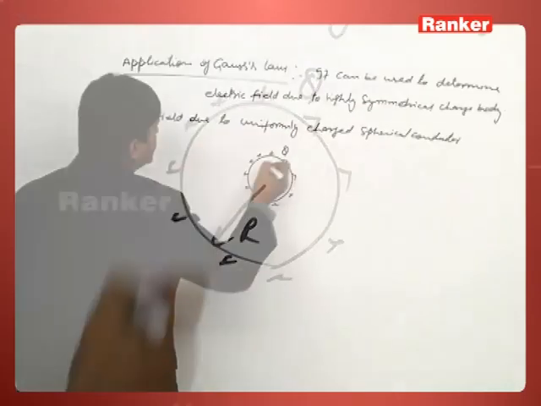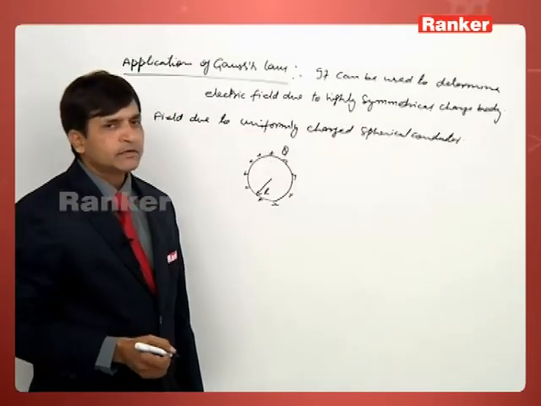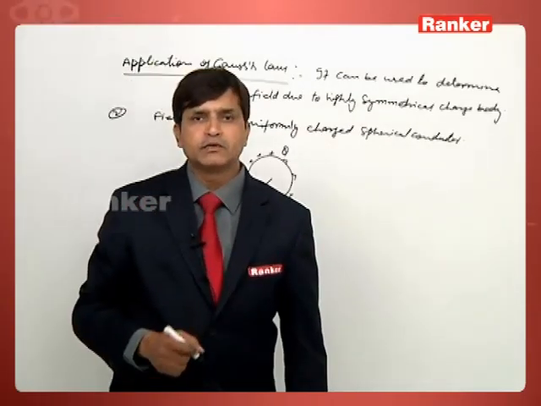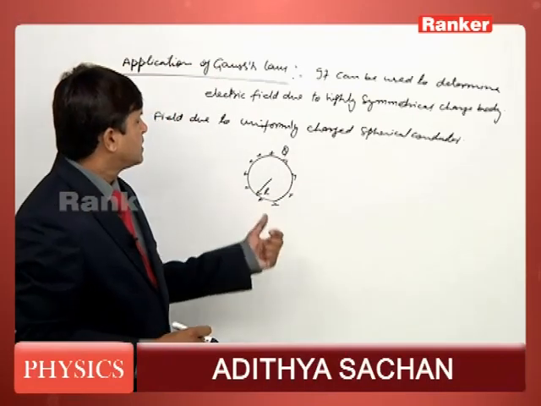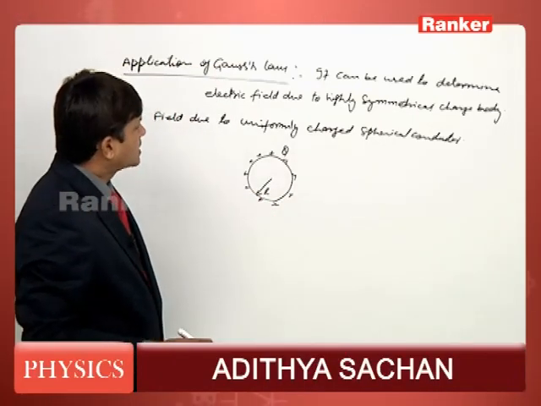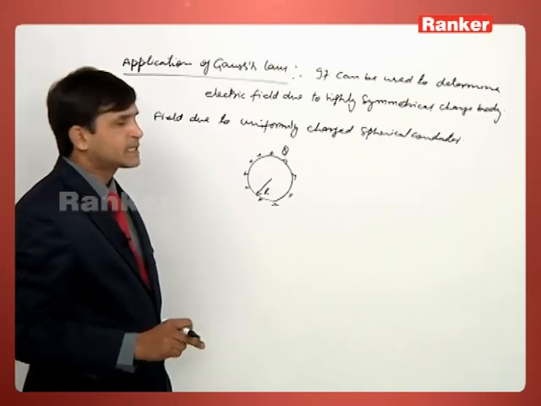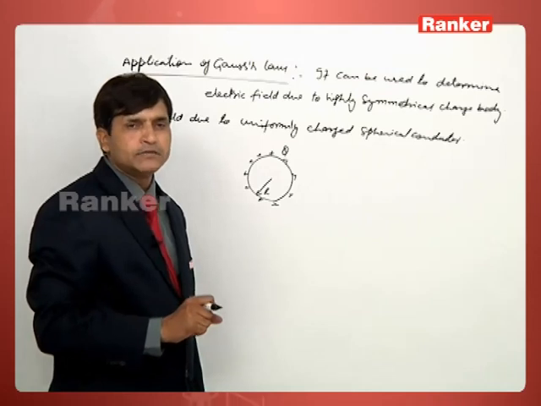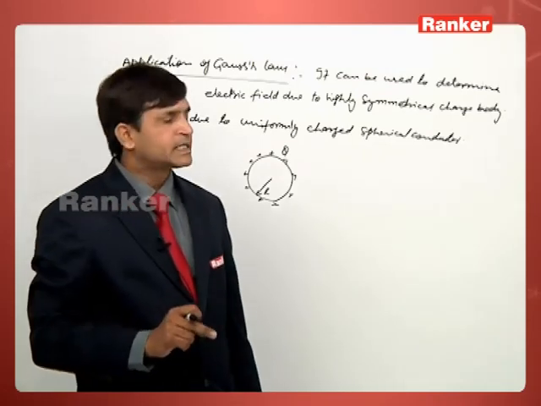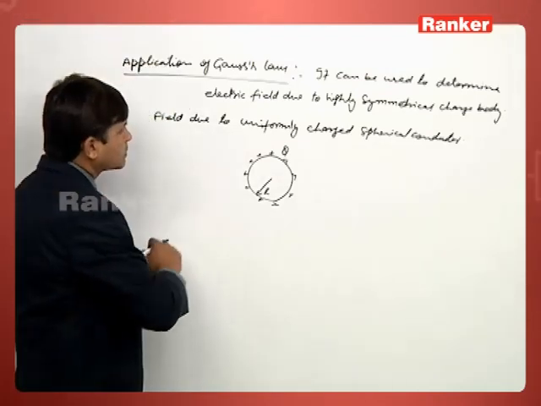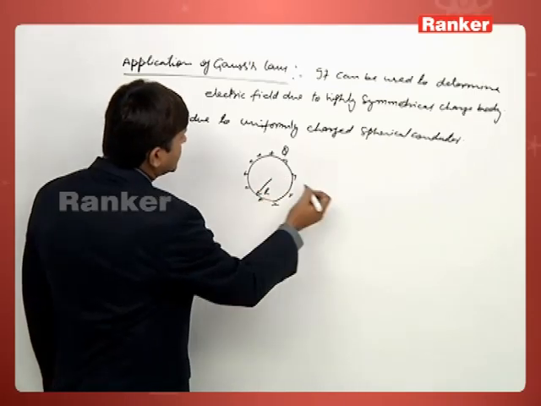Again, in this case also, since our charge is symmetrically distributed throughout its surface, we are able to calculate the field by using Gauss law, because we will be able to make such a Gaussian surface in which each and every point will have the same electric field. So, here also we will make a spherical Gaussian surface.